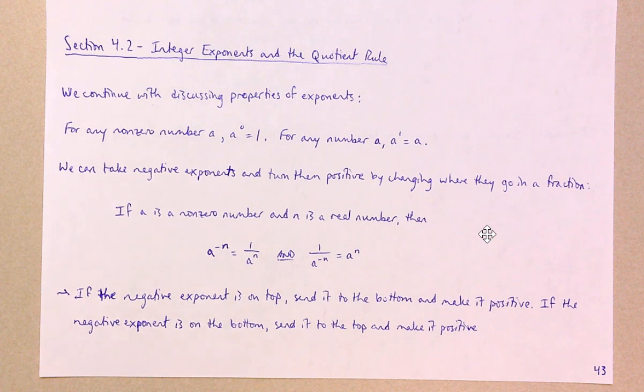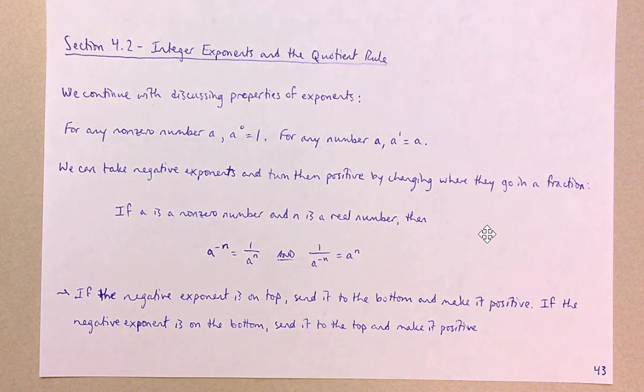The informal way to think of this is, if you have the negative exponent in the top part of your fraction, take that quantity, send it down to the bottom of your fraction, and then that exponent will become positive. You will remove that minus sign in your exponent.